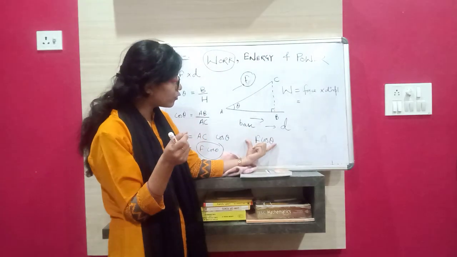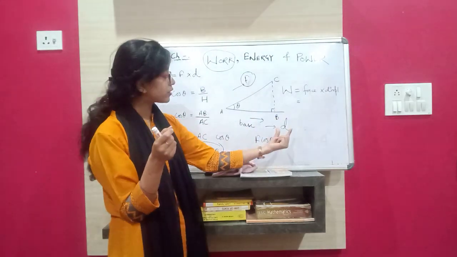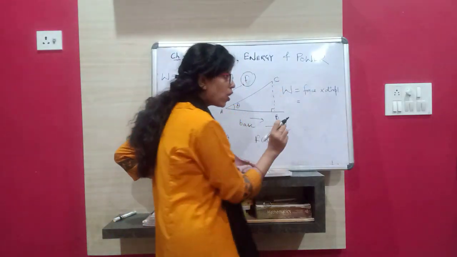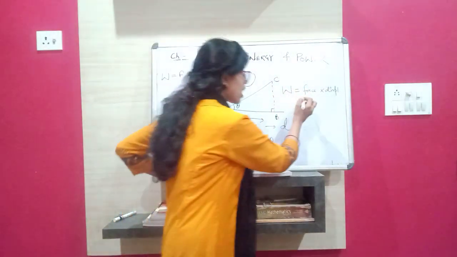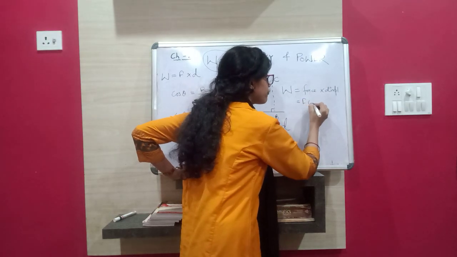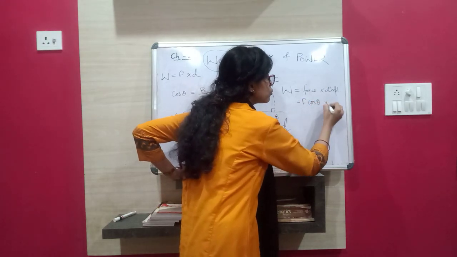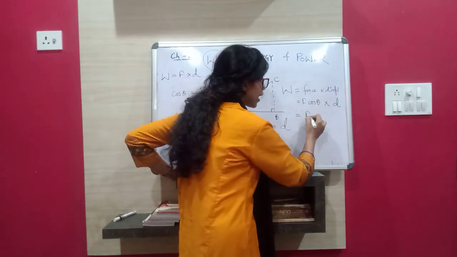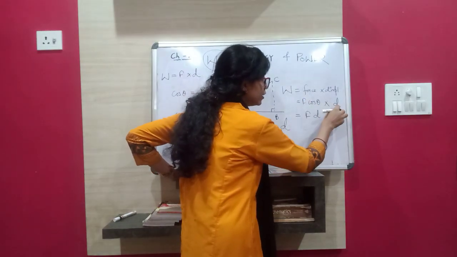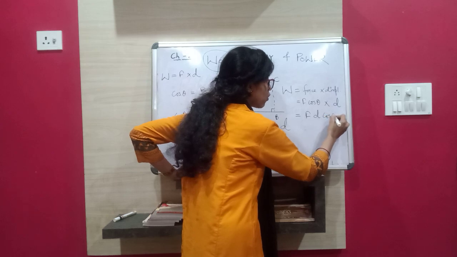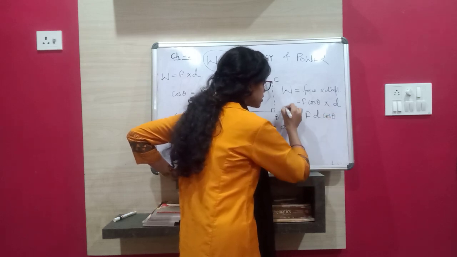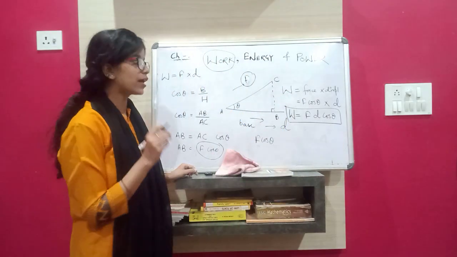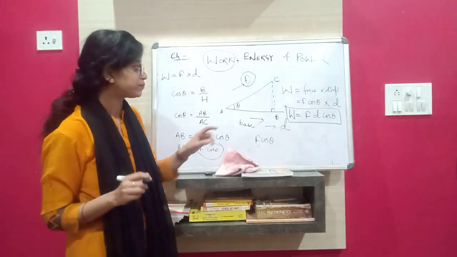And because of this force, what is the magnitude of displacement? That is D. So the force is not actually F, but now the force is F cos theta into displacement D. So here if you take F D and then we write cos theta, this is the proper mathematical expression for work done, that is F D cos theta.